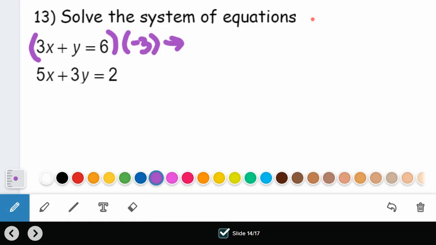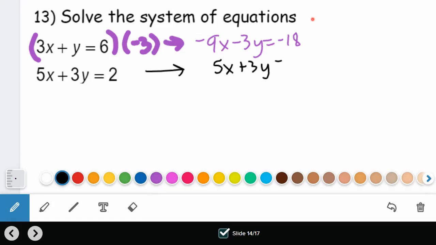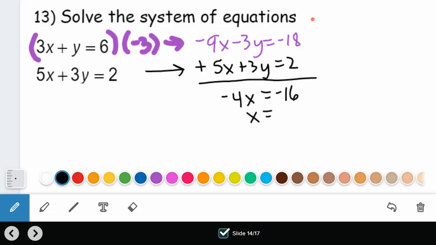When I do that, I'm going to get -9x minus 3y equals -18. The second one, I'm just going to write as is, 5x plus 3y equals 2. I'm going to add these together. My x's become a -4x. My y's cancel out. -18 plus 2 is a -16. When I divide by a -4, I get 4.